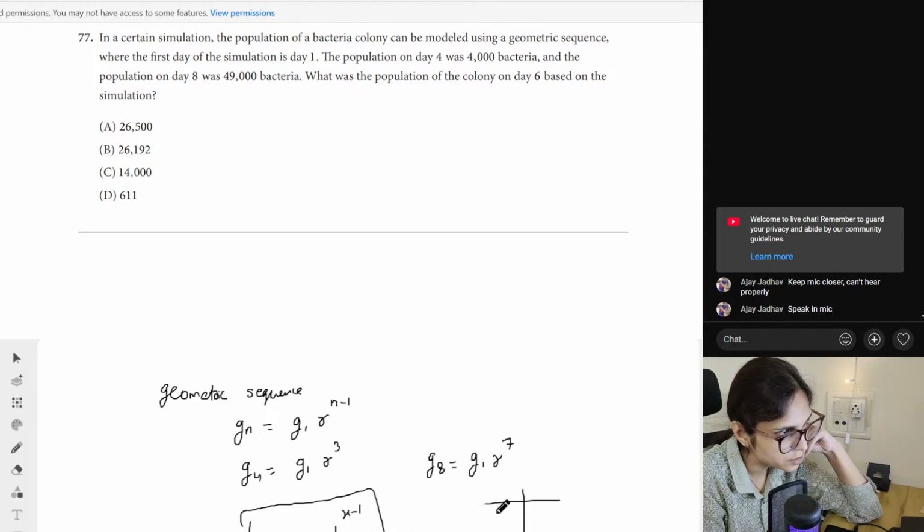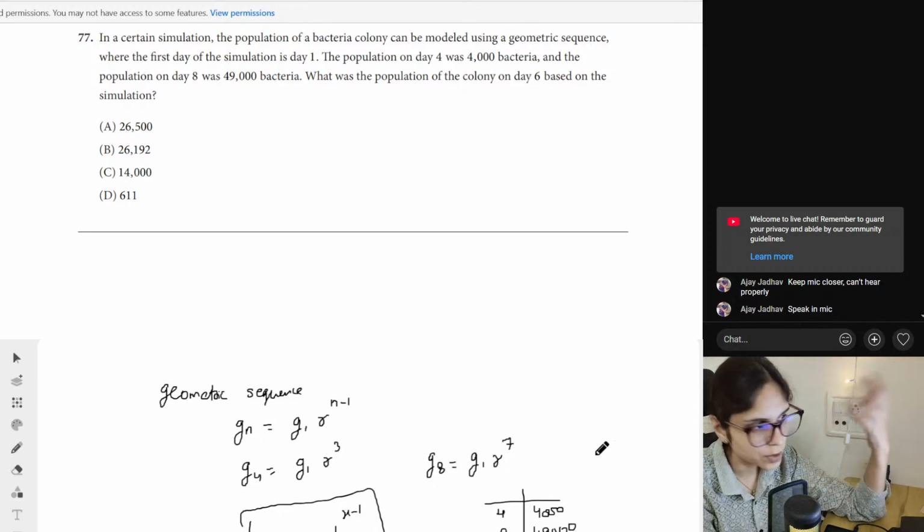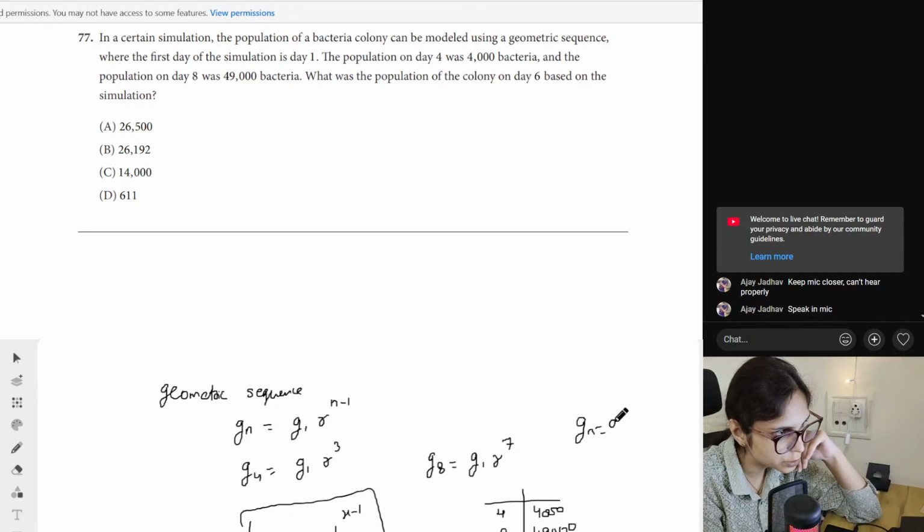And 2 points are given to us. What is happening at day 4? There are 4,000 bacteria. And at day 8, there are 49,000 bacteria. There's one more formula, that is Gn is equal to Gk R to the power n minus k.